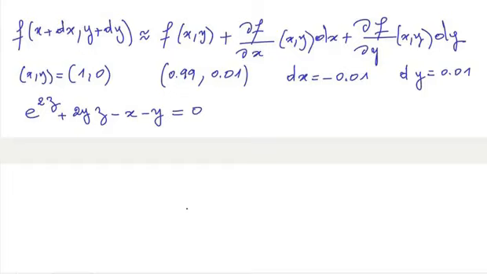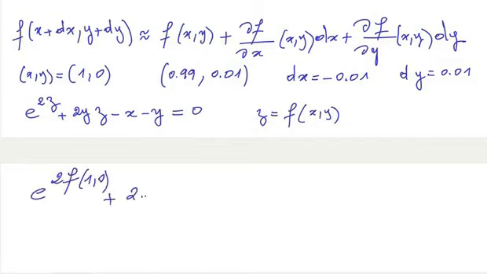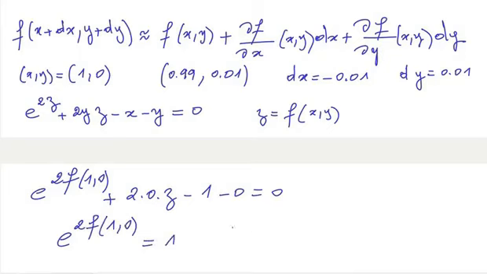If we substitute the point x, y equals 1, 0, we get the exponential of f of 1, 0, plus 2 times 0 times f of 1, 0, minus 1 minus 0 equals 0, which gives us the exponential of f of 1, 0 equals 1, or alternatively f of 1, 0 equals 0.